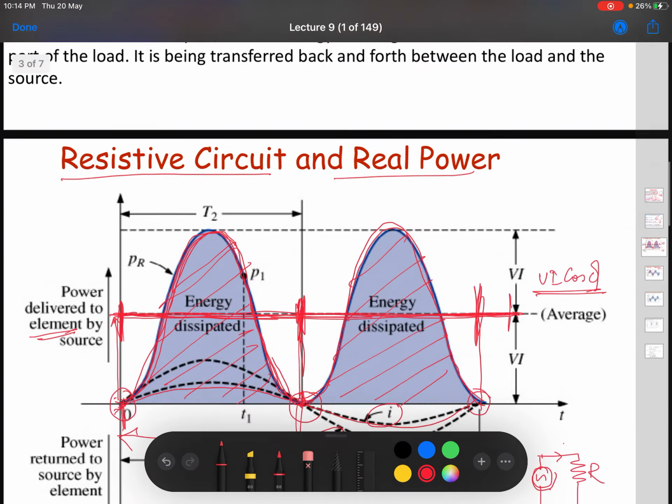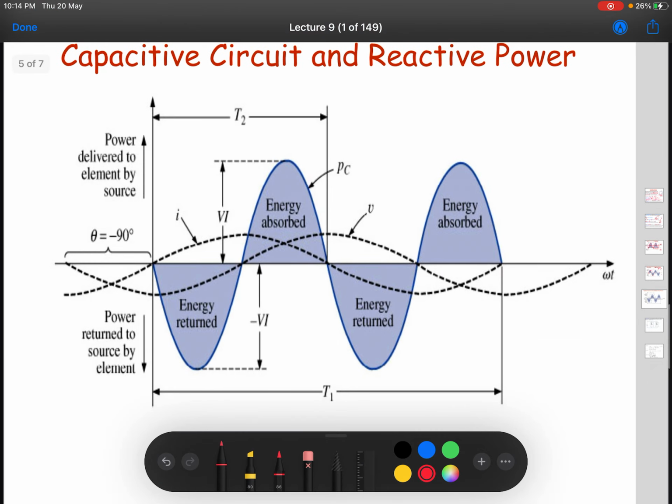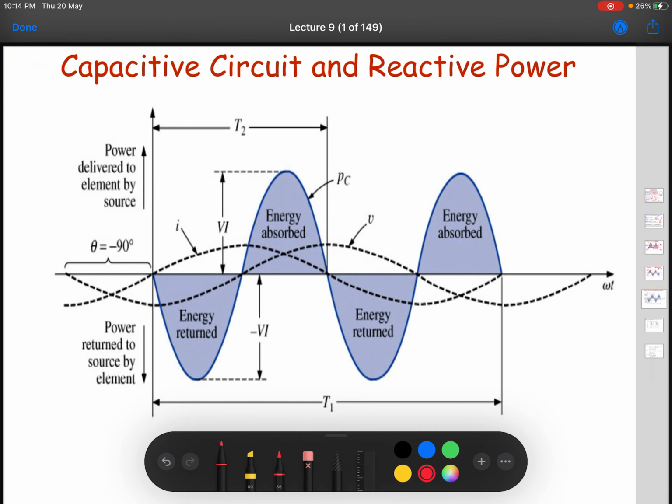You can guess what will happen for a capacitive circuit now. In a capacitive circuit, again, I am deliberately drawing I beforehand, because I leads.